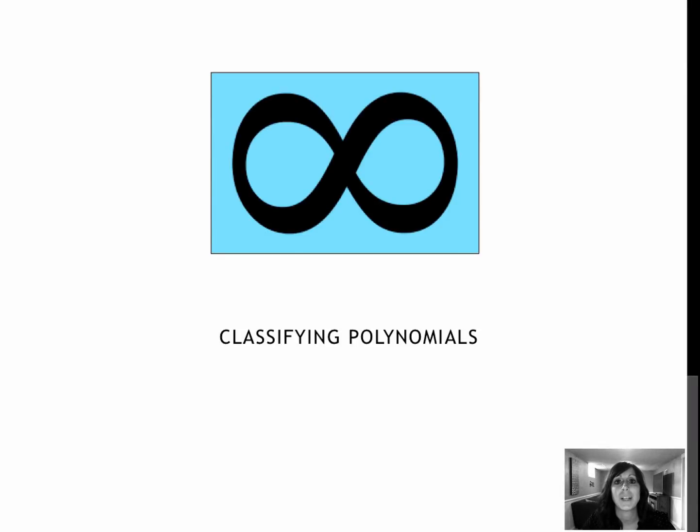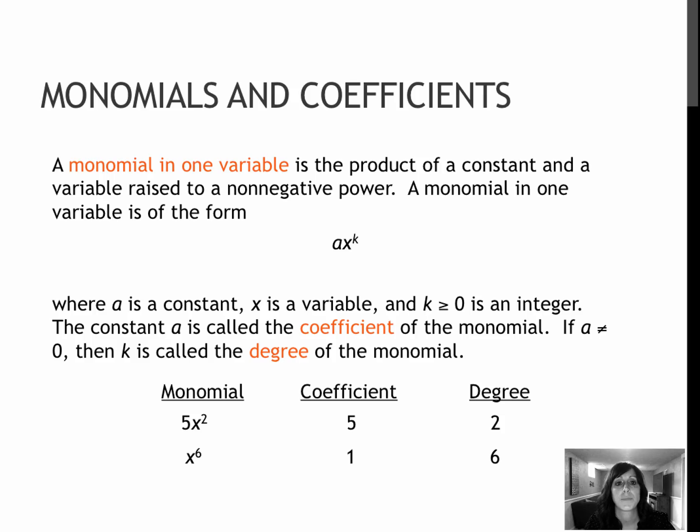In this lesson, we'll be classifying polynomials. So first, it's important to understand exactly what is a polynomial or a monomial. The prefix of mono means one, and nomial means number, so a monomial just means one number.